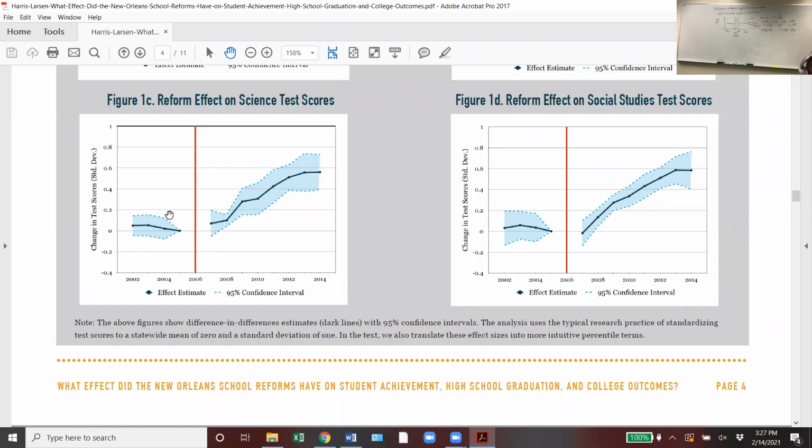Same thing on social studies scores. Things look matched prior to Katrina, and you get a steady growing gap between NOLA charter school kids and adjacent public school kids, where the NOLA charter school kids are doing better by about a half a standard deviation.